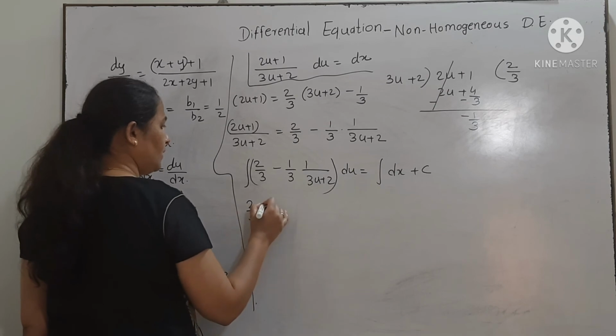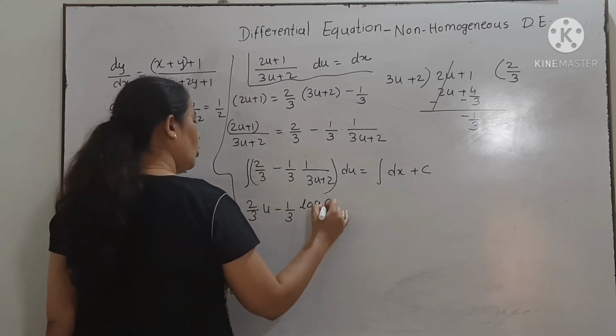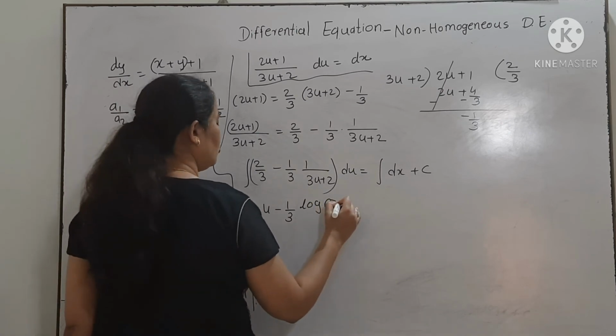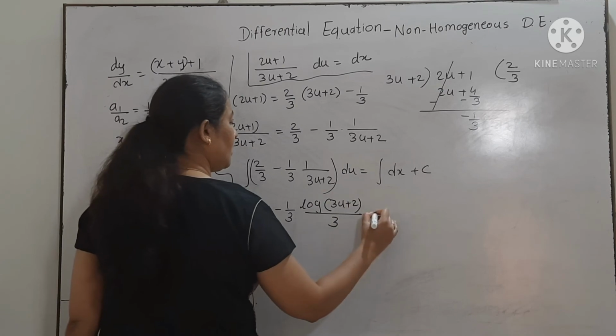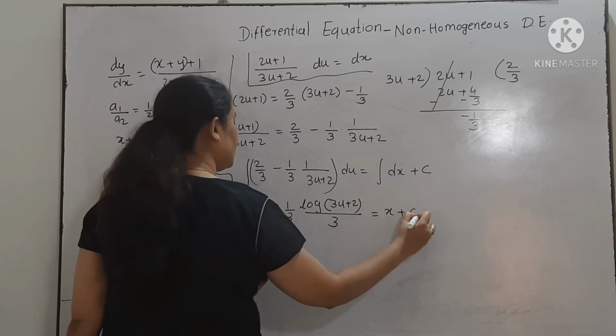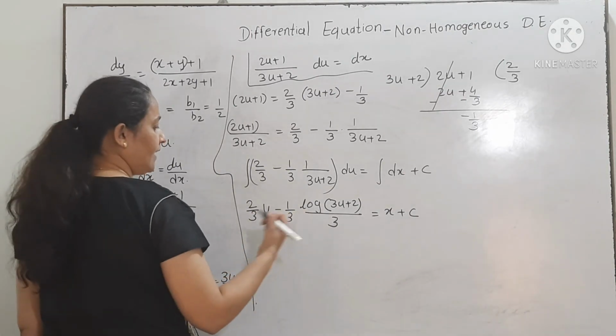Integrate this, it is 2 by 3 u minus 1 by 3 into log of 3u plus 2 upon 3 equal to x plus c. We'll substitute the value of u and take 9 as LCM.